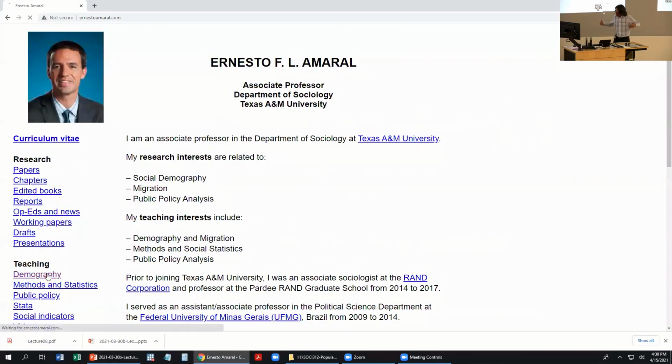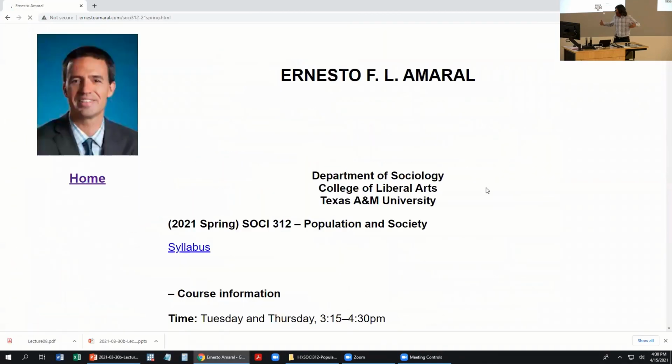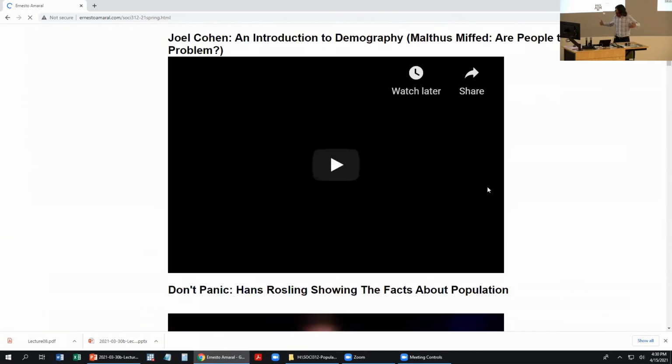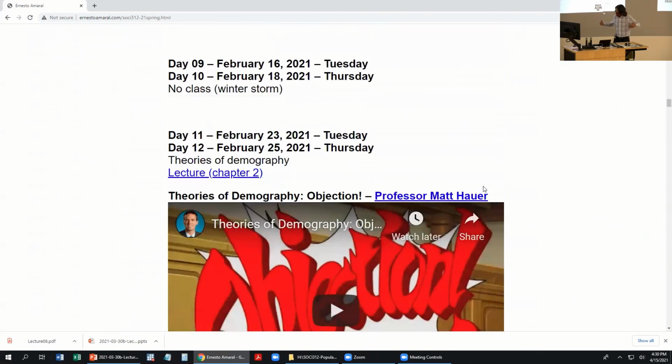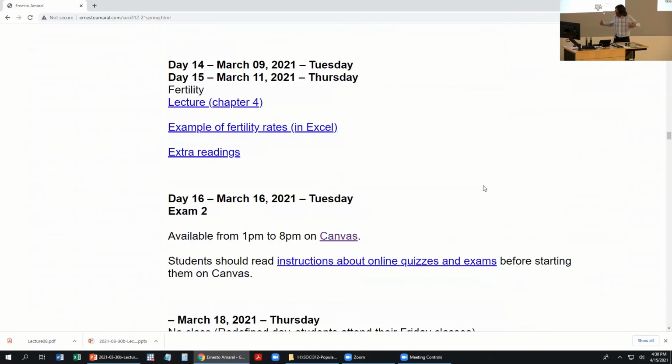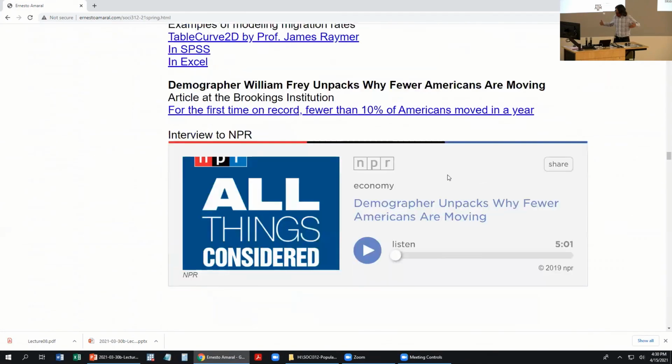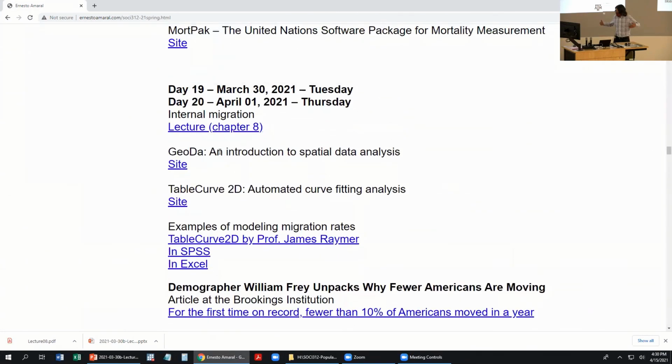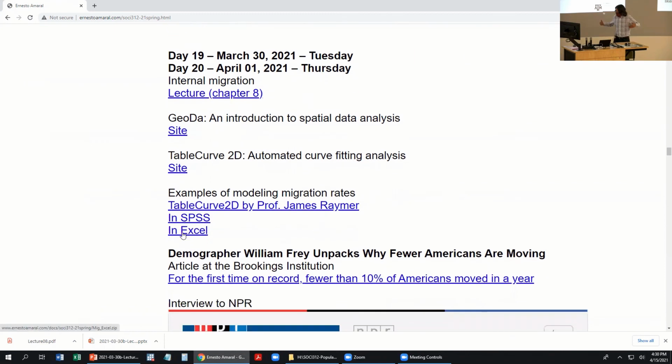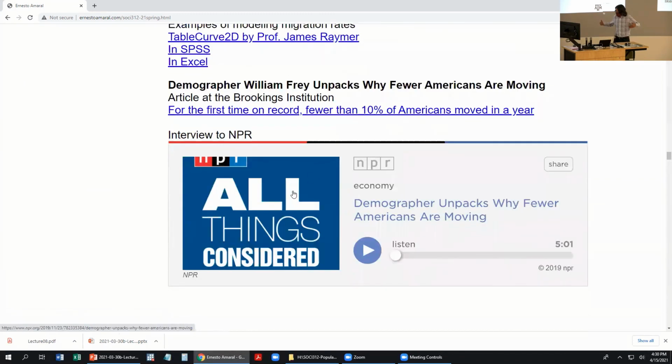You just go to the course website, and then to the portion about internal migration. There is some other material here on how to estimate migration using these different software packages. And this one here is the interview of William Frey. And this is an article that he also wrote related to the recent flows of internal migration in the US.